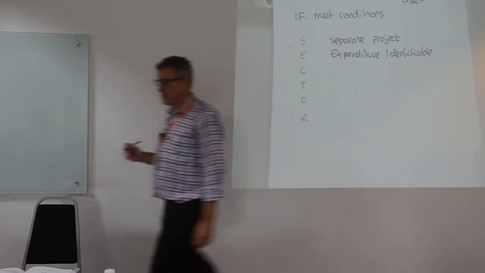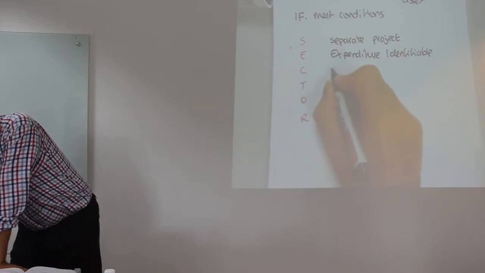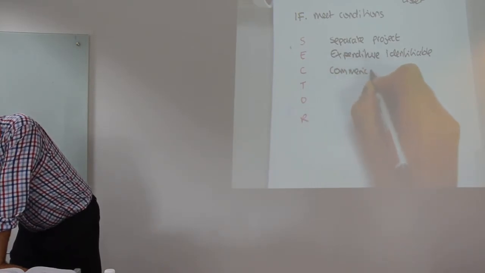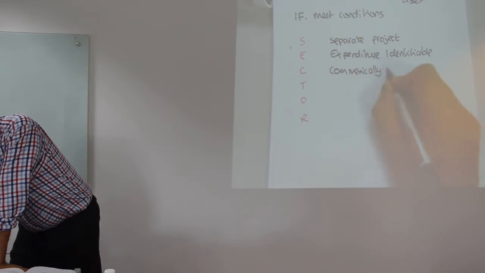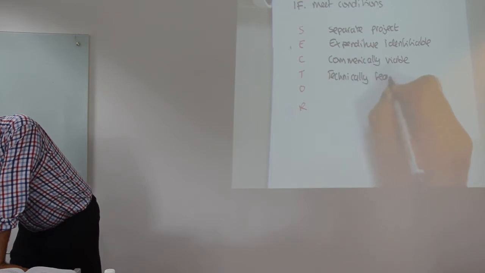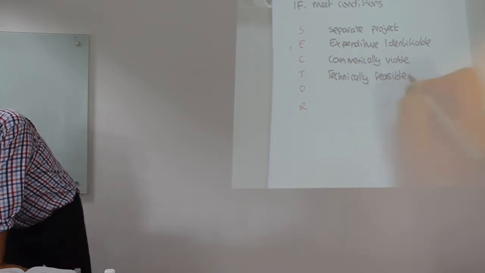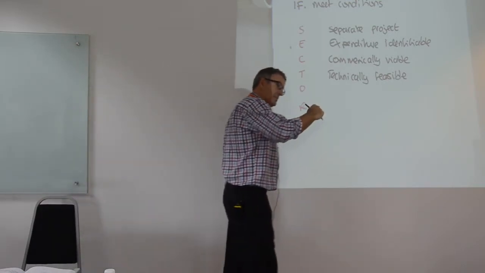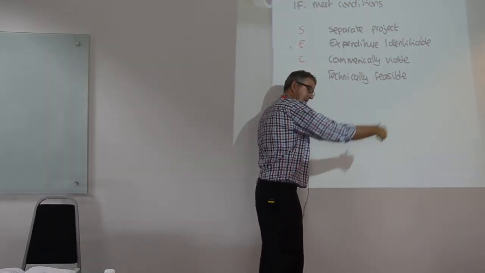It has to be commercially viable. It has to be technically feasible. If it is not technically feasible, then it must be research, because research is about solving a problem.